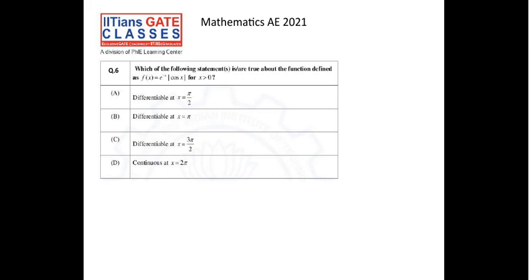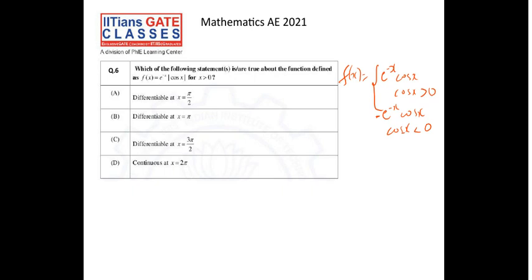So let's first rewrite f of x. F of x is equal to, we'll write this as e raised to minus x cos x for cos x greater than 0, and minus e raised to minus x cos x for cos x less than 0.